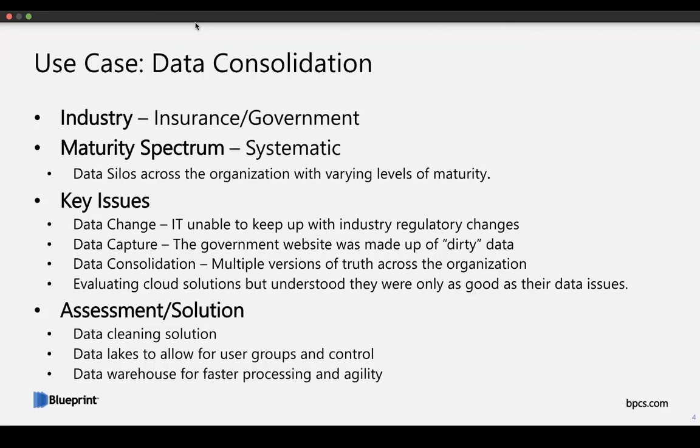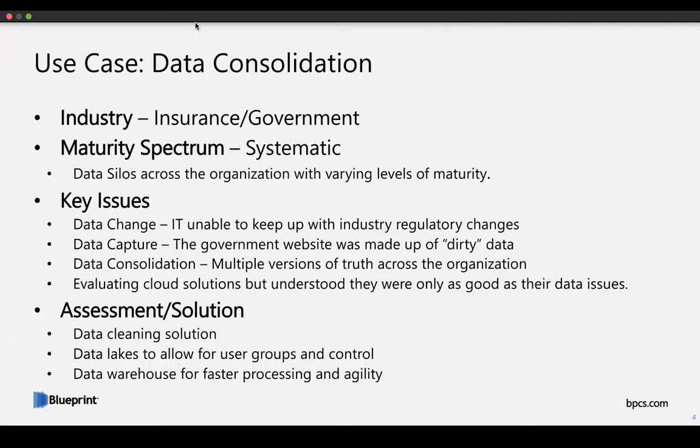So the data warehouse would be feeding directly out of the data lakes. The business groups would be responsible for reporting the data in the way that the data warehouse wanted, but it removed a lot of work from the data warehouse team, so they were freed up to work on more of these changes with regulations and other things that were happening.